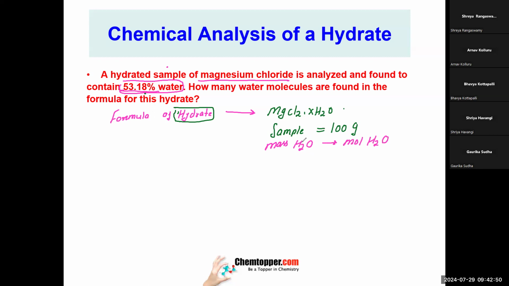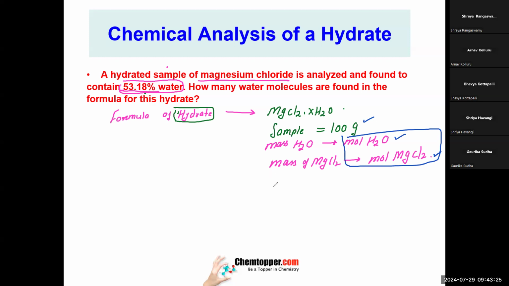And then from the mass of the water and the sample, I worked out mass of MgCl2 and then moles of MgCl2. Please, children, don't hesitate in asking questions. If you are not understanding, do let me know. Now, once I have the moles of water and moles of MgCl2 in my sample, which sample? This 100 gram.